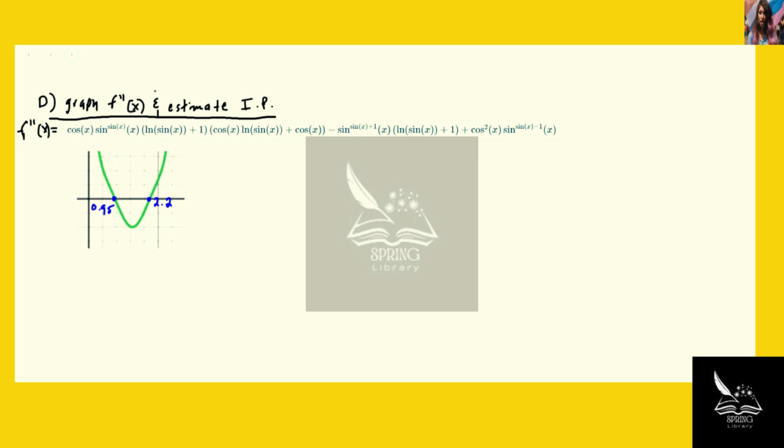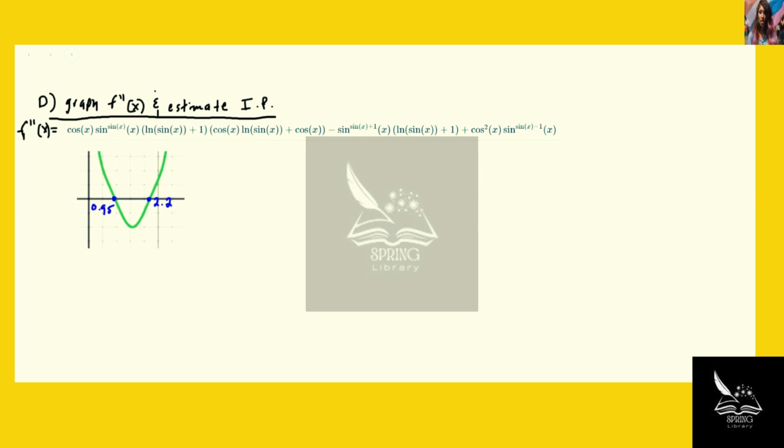And after I did that, I went ahead and graphed it, and I found just the x-intercepts on the first period, so from 0 to 2 pi, or from 0 to pi, which occurred at about 0.95 and 2.2.